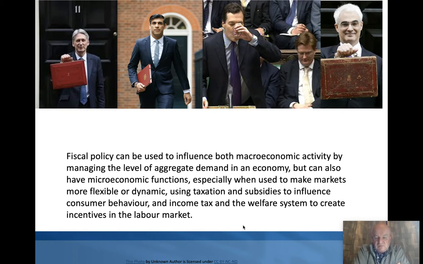So fiscal policy can be used to make markets more flexible and dynamic, and that's by using obviously taxation as an option and the way in which you might choose to tax certain businesses, etc., but also subsidies of some description to try to influence consumer behaviour and also to a degree affect the income tax and the welfare system to provide incentives in the labour market. So effectively we can have both macroeconomic fiscal policy, but also we can use it to affect micro, the economics of a firm or a particular industry.